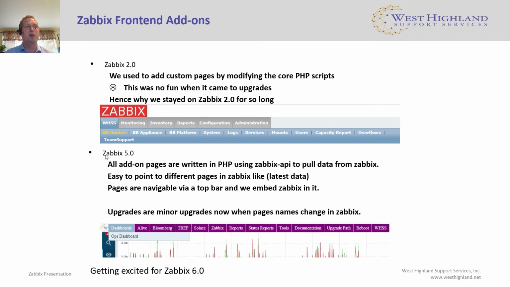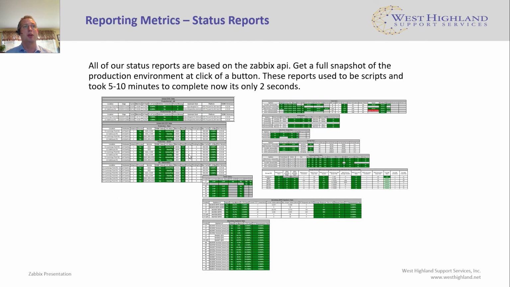So when we started migrating to Zabbix 5.0, I said no more of that. What we decided to implement was a very simple index that has an overlay and an iframe. I don't love the iframe, but it keeps us in a simple way, and I keep on doing updates as soon as they come out, and I haven't had any issues. The only minor thing that changes once in a while is the name of a PHP page that we use often, or the name of a dashboard. It's really helpful, and our clients really are happy with it.